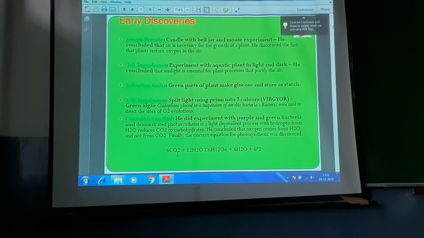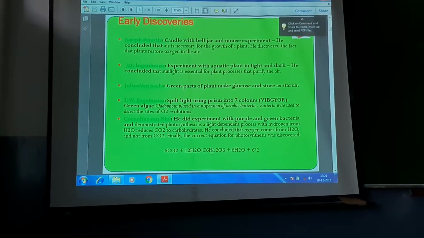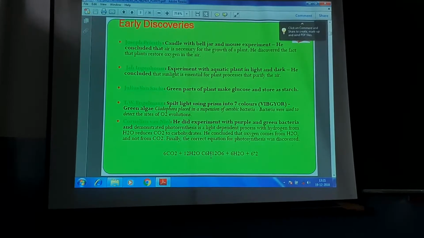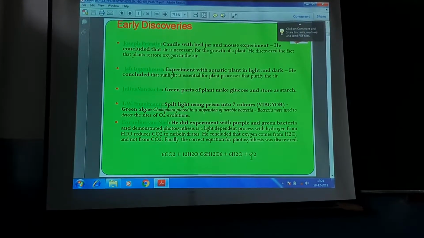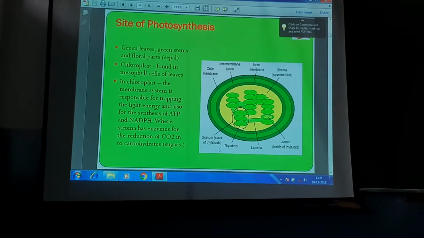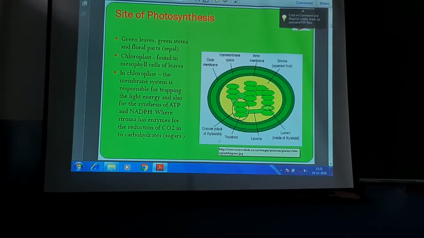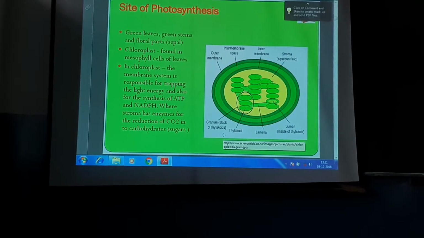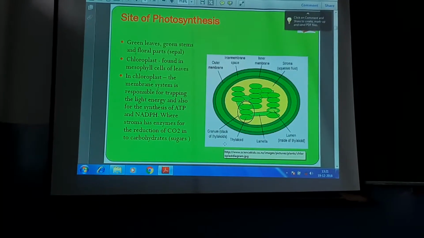Okay, the overall reaction: 6 CO2 plus 12 H2O forms C6H12O6 plus 6 water molecules, and 6 O2 is liberated. This is the overall reaction of photosynthesis. Now chloroplasts, what you have to remember is they are double membrane cell organelles.